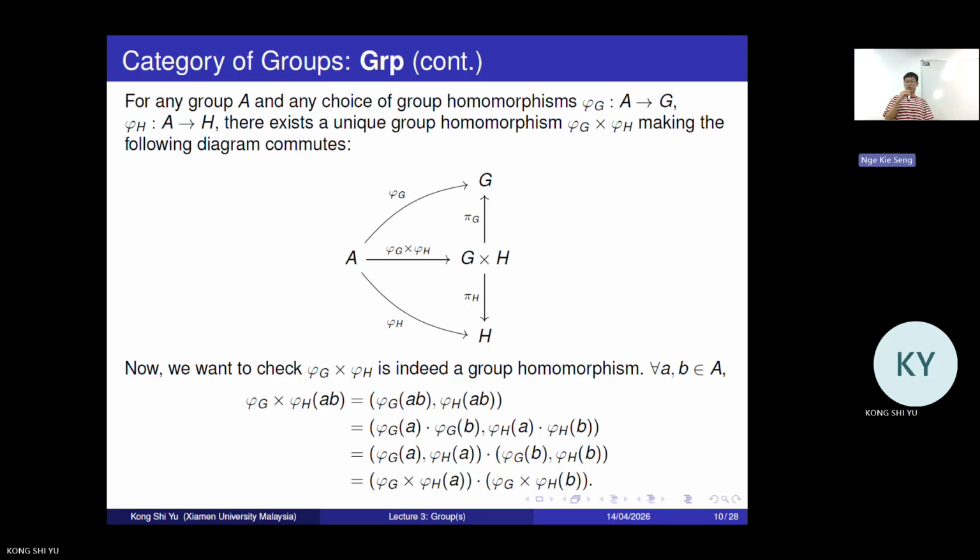I think the uniqueness is due to the fact that, I'm not sure about this, but I understand it as: when we look at it as a set, there is a unique VG times VH.